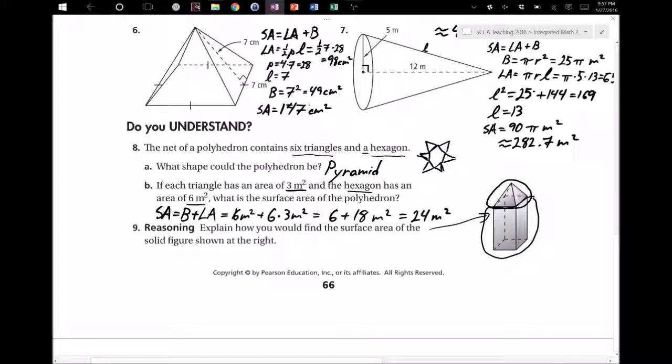I could talk about taking the measurements and using lateral area of the pyramid, there's no base, plus the lateral area of the prism, plus 1 base. There is substantially more than one explanation, but as long as you talk about essentially taking the area of the top, taking the area of the bottom, plus that base, adding them together, you have the answer.